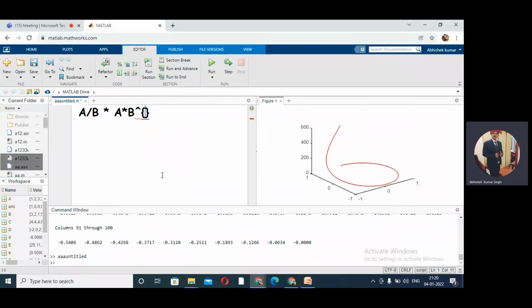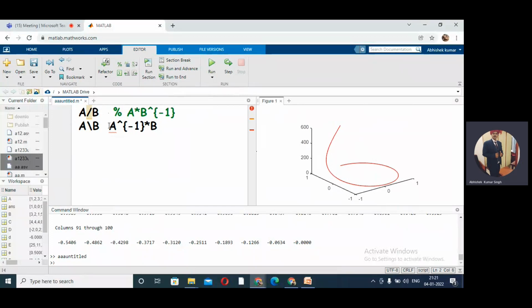Fine. We have seen this now. Now A right division B will be your A inverse into B. Fine. Okay. So these were the things we have done just now.